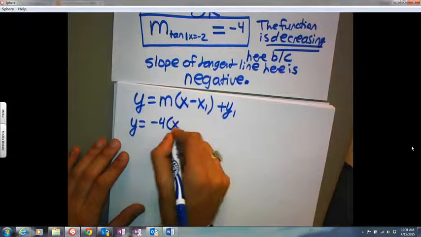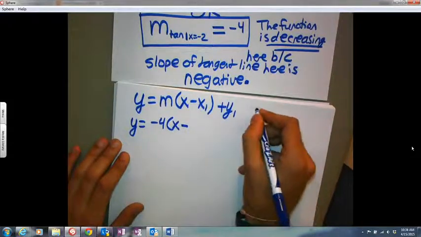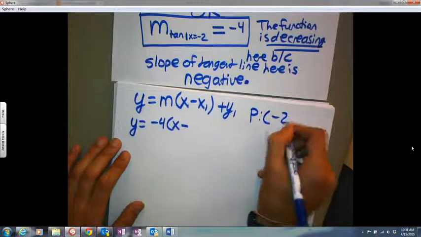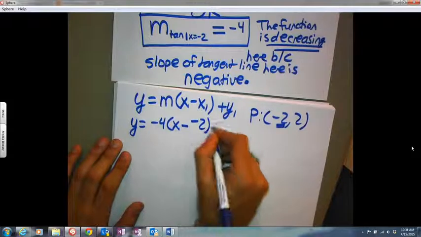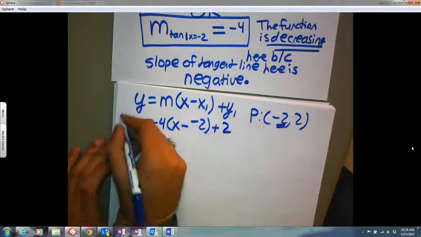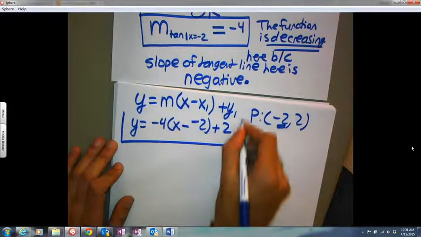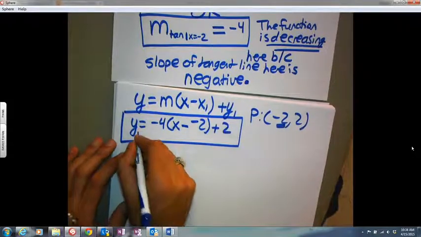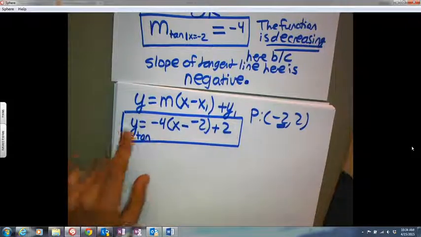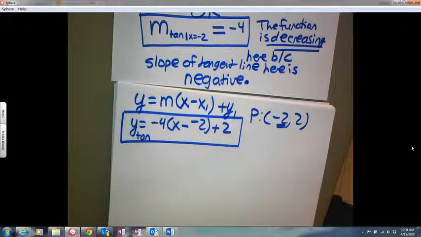What was the point they gave us? Point P was negative 2 comma 2. So x1 is negative 2. And y1 is 2. And you want to write y with a little tan down here to say this is the tangent line. Questions on that?